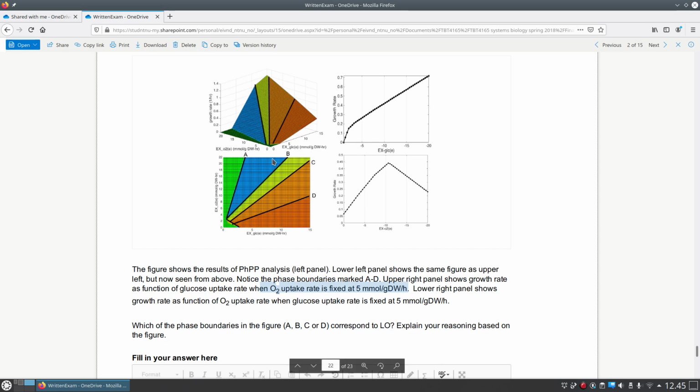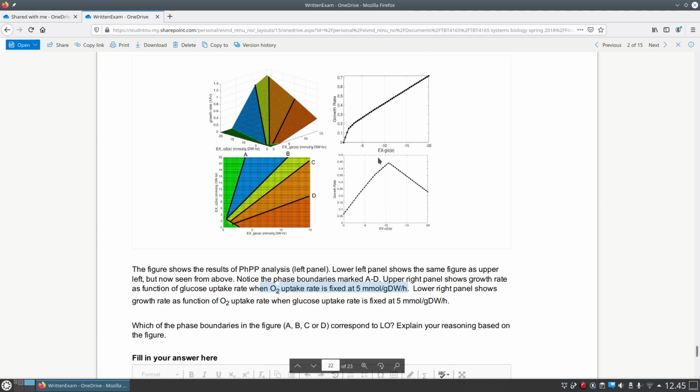Now, if we want to answer the question itself, we see that we're asked, what is the line of optimality? Well, the line of optimality is the line that corresponds to optimal utilization of a carbon source. So essentially, we want to see that for a given uptake of a certain carbon source, what oxygen uptake corresponds to the highest growth.